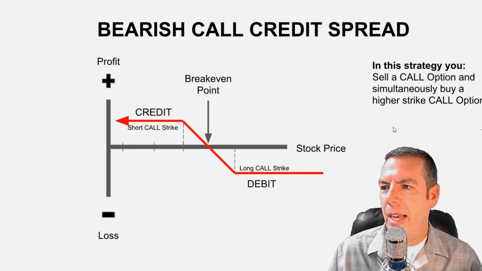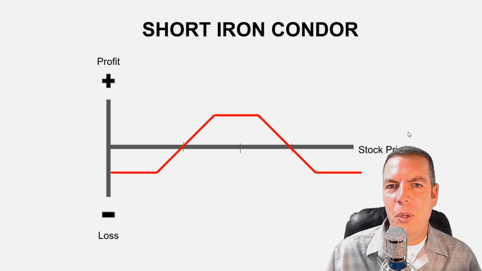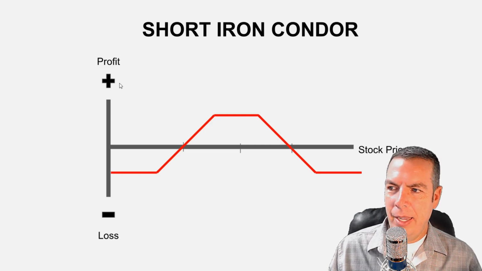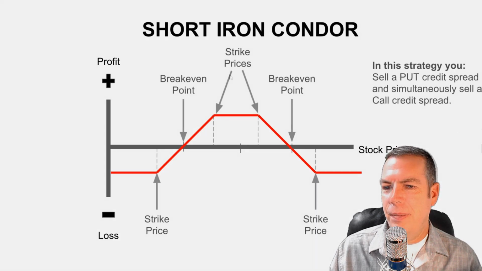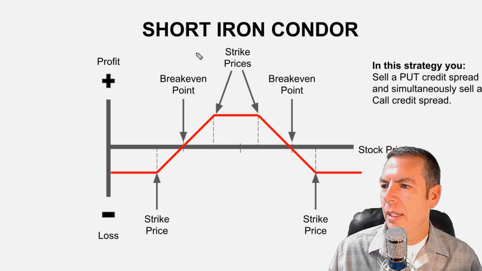All right, now let's take a look at an Iron Condor. So this is going to be a little bit of a challenge, guys. We're putting two credit spreads together to form a short Iron Condor, and I want to show you what that looks like here on the chart. Short Iron Condor, basically we're selling a put credit spread, and we're simultaneously selling a call credit spread.